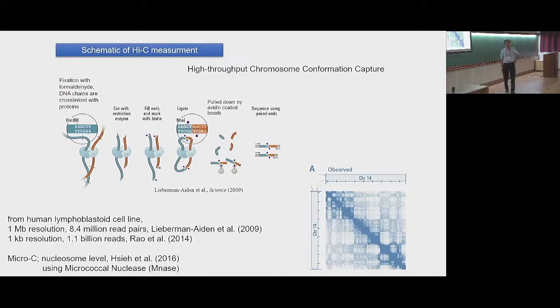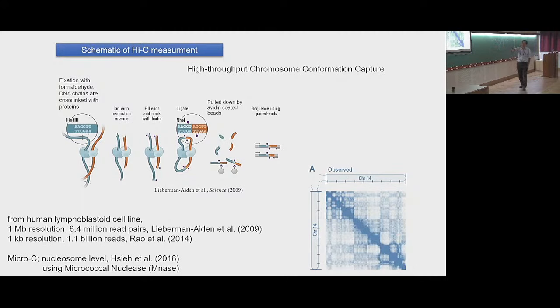So we can have the inter-chromosome contact map. That is much thinner; intra-chromosome contact shows much thicker patterns. But we have genome-wide big matrix data in this way.